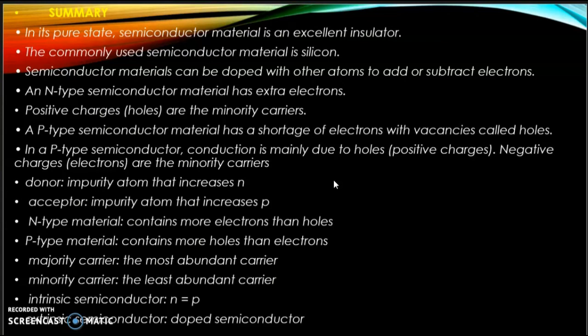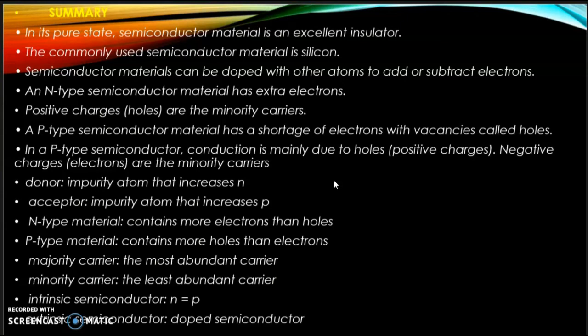And also we said semiconductor materials can be doped with other atoms to add or subtract electrons. So what that means is that we can add a donor or an acceptor to an intrinsic semiconductor to enhance its conductivity.